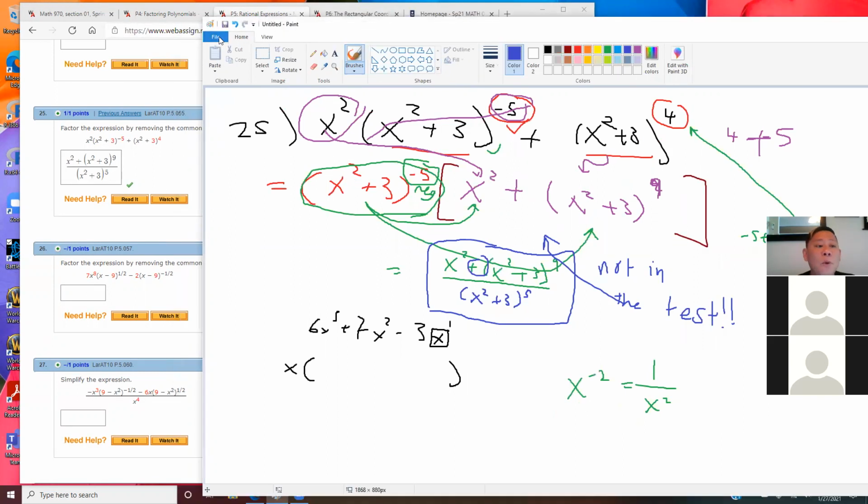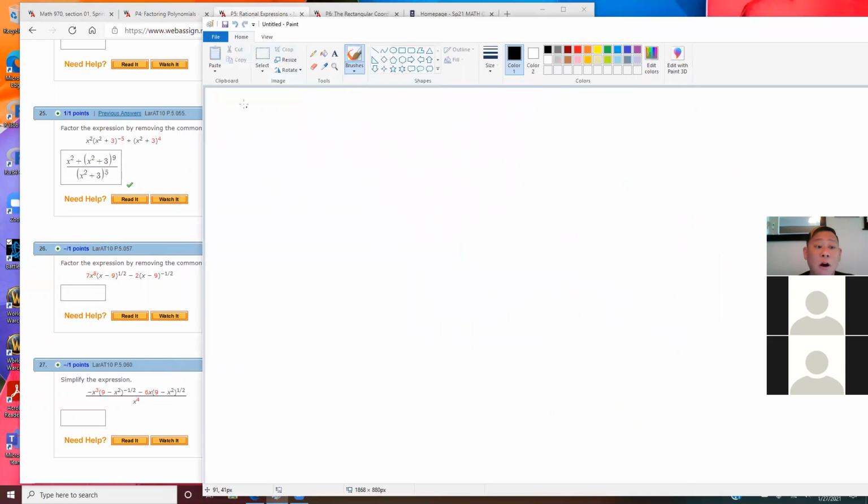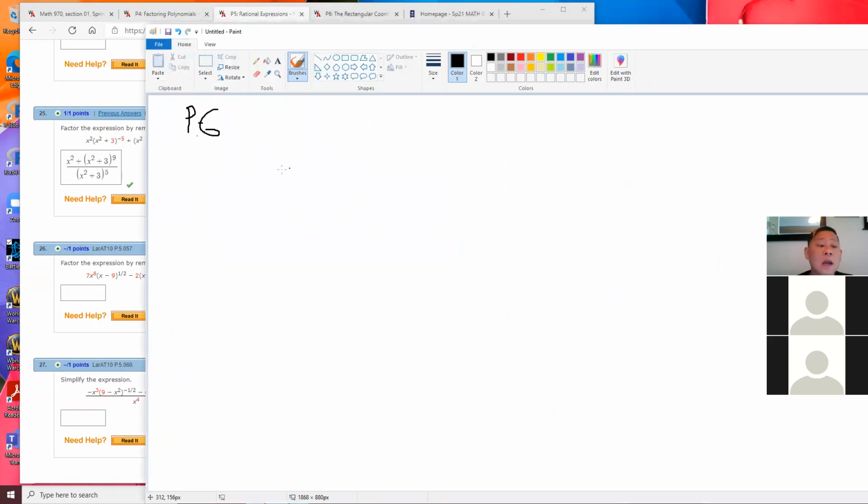P6 has 2 important formulas that you need to know because in your test, no formula is provided. The formula to find the midpoint is x1 plus x2 divided by 2, and y1 plus y2 divided by 2.